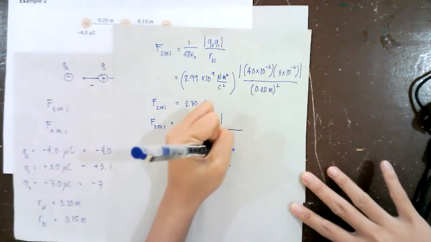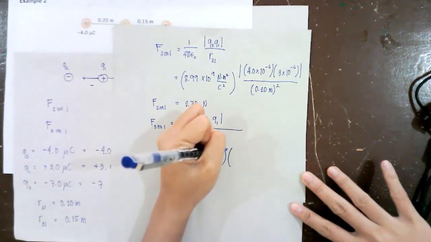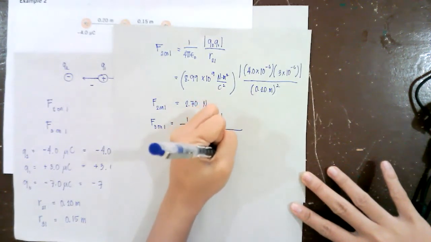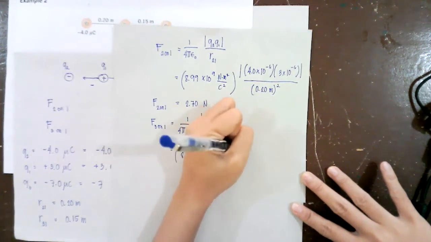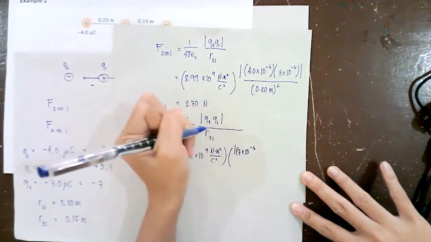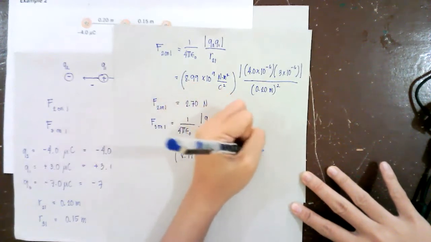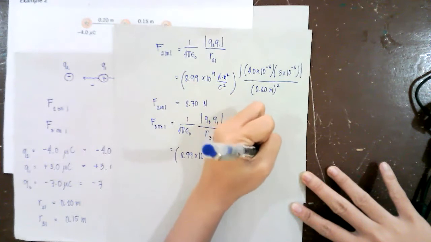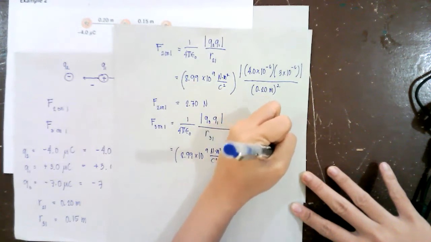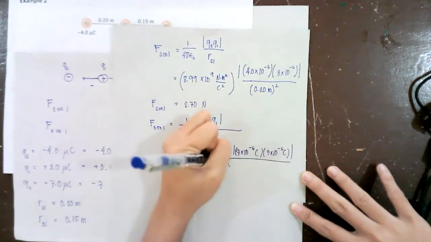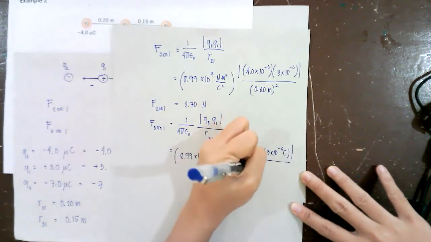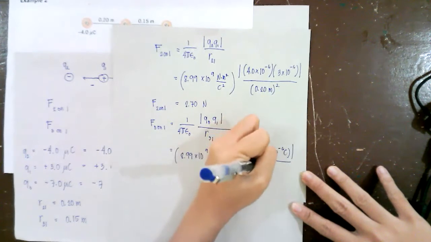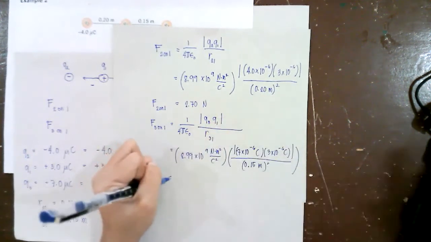Then multiply it by the absolute value of negative 7 times 10 raised to negative 6 Coulomb times 3 times 10 raised to negative 6 Coulomb over 0.15 meter squared.